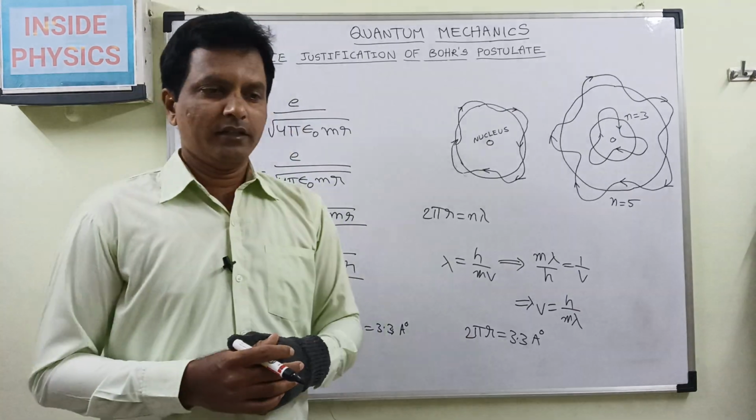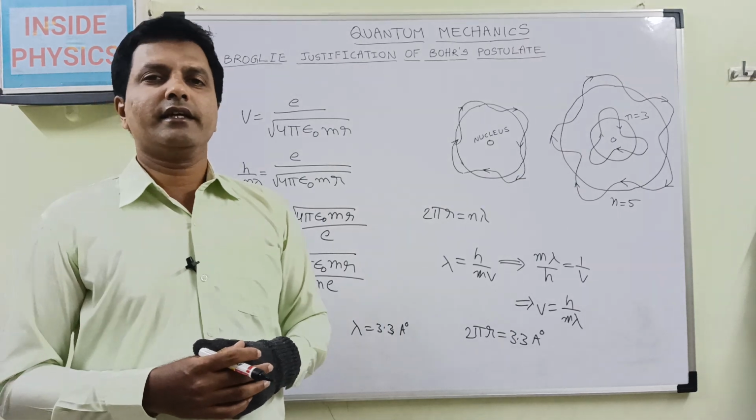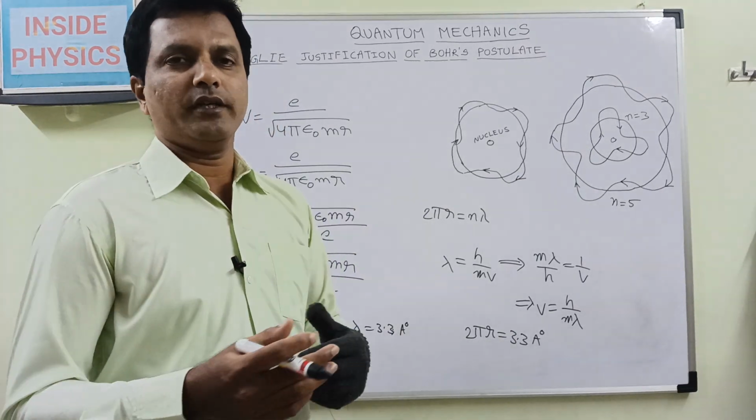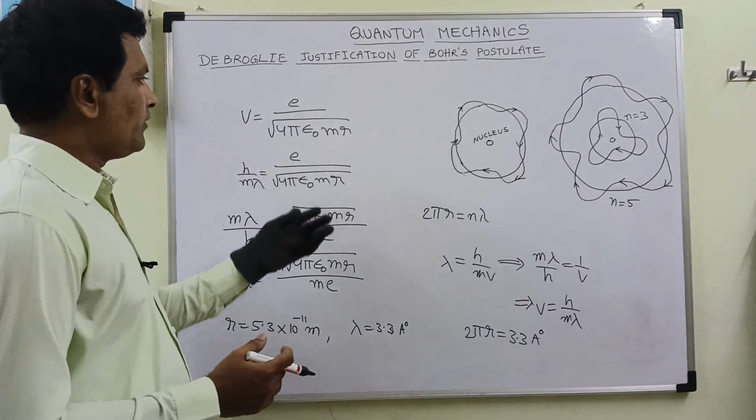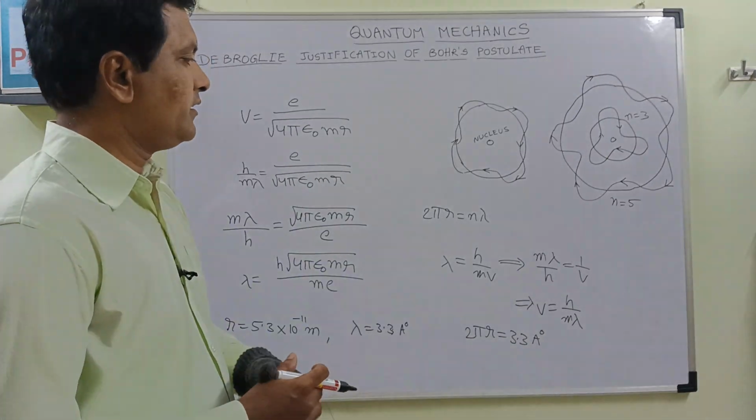In this way the electron can be taken in two ways by de Broglie. This is how we have taken the justification.